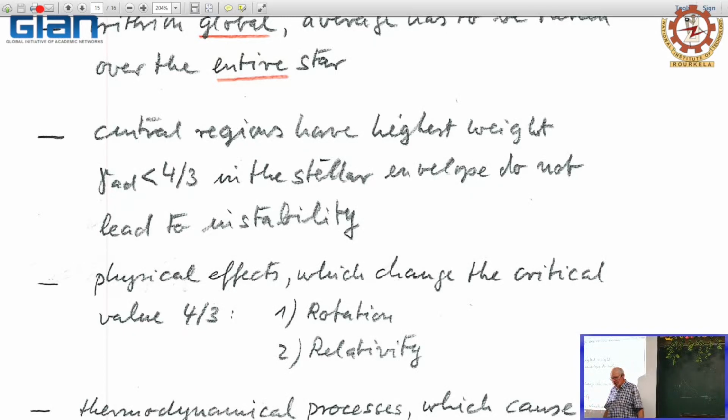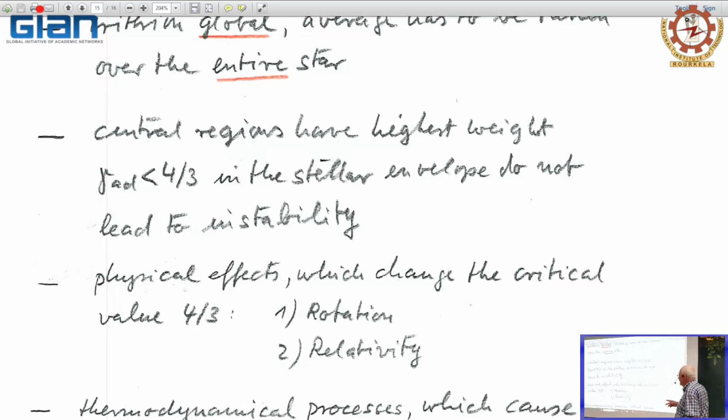Two effects which have been discussed in the literature: rotation gives some support to the star, which goes in the direction of increasing, so to say, the pressure, or giving some more support against gravity.